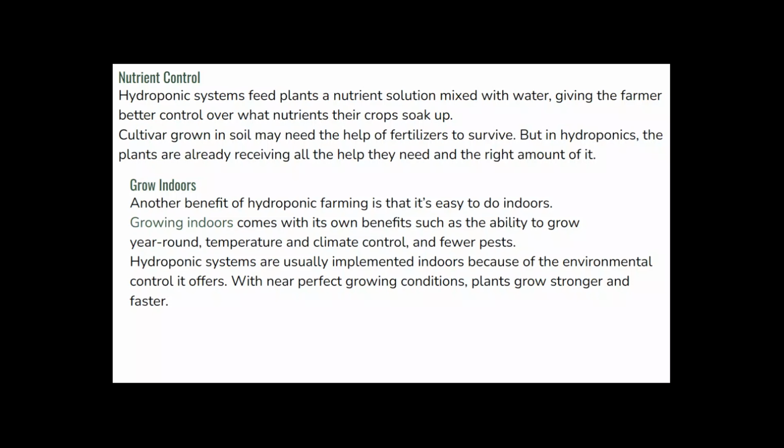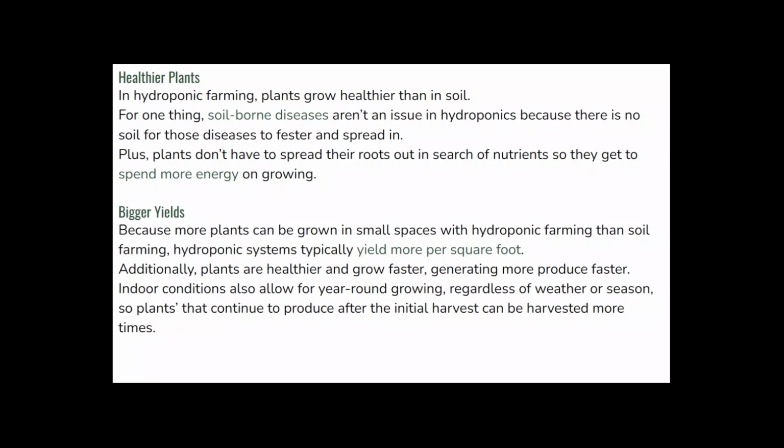So there are advantages there. Healthier plants. In hydroponic farming, plants grow healthier than in soil. There are no soil-borne diseases, and they don't have to spread out their roots. There are higher yields from smaller spaces.